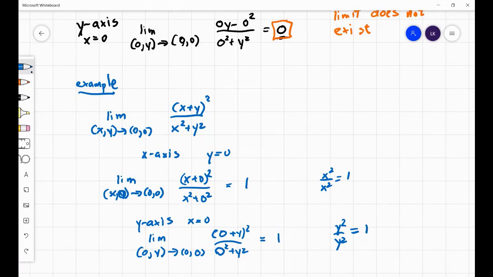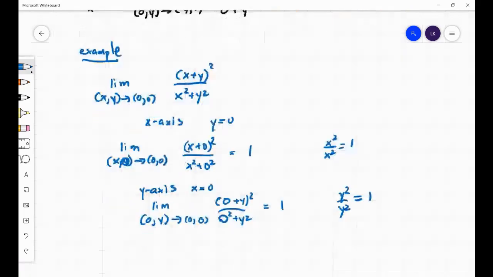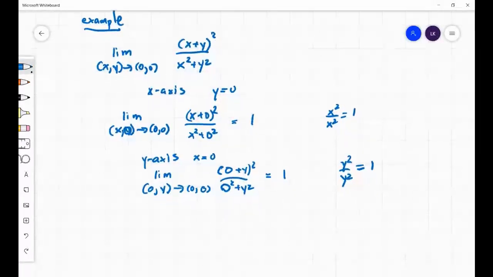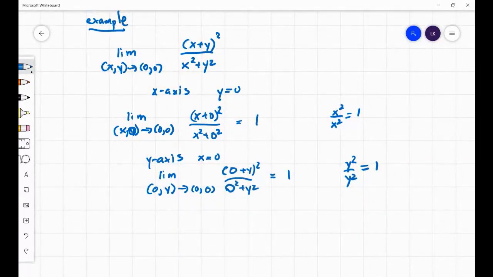So again, we were taking the limit of a constant, so we just get the constant. It looks like the limit is the same as we approach the origin along the x and the y-axis, but maybe it'll be different if we approach the origin along some slanted line. So we're going to check.